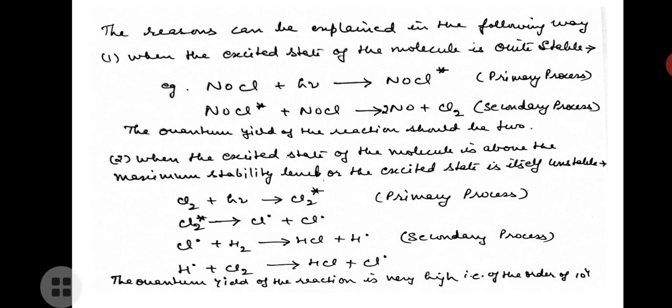A chlorine free radical thus generated sets up a chain reaction and thousands of molecules of H2 and Cl2 combine together without any further absorption of photons. Thus, the quantum yield of the reaction is very high, of the order of 10 to the power 4.